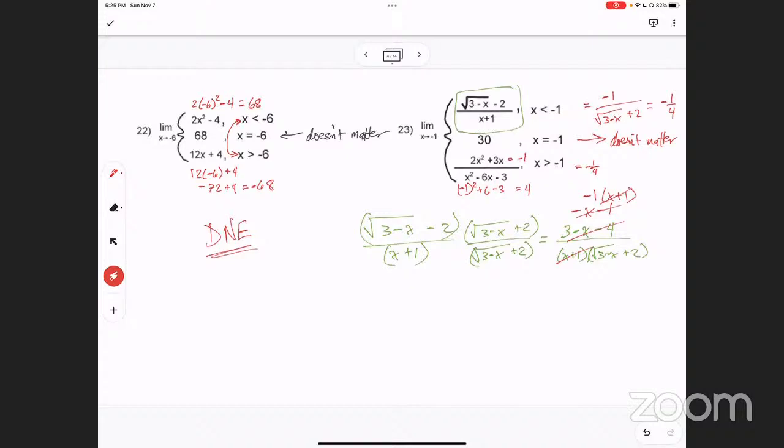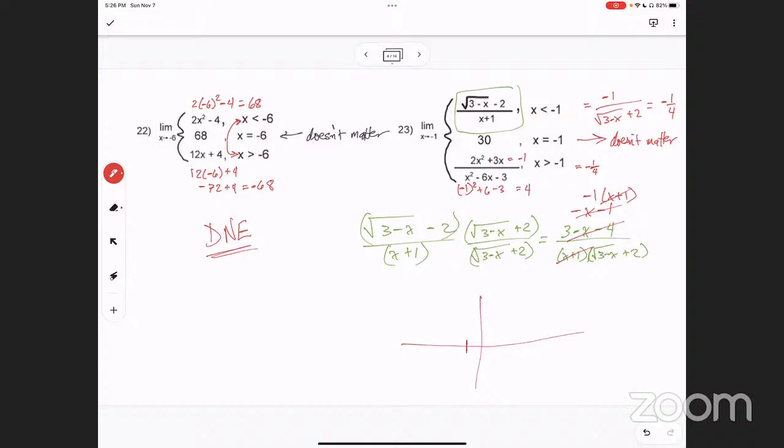Have you talked about continuity yet? Yeah, it's not continuous, but the limit does exist, and the limit as x approaches -1 is -1/4, which means that's what you would expect the value to be, whether you're coming from the left or the right.